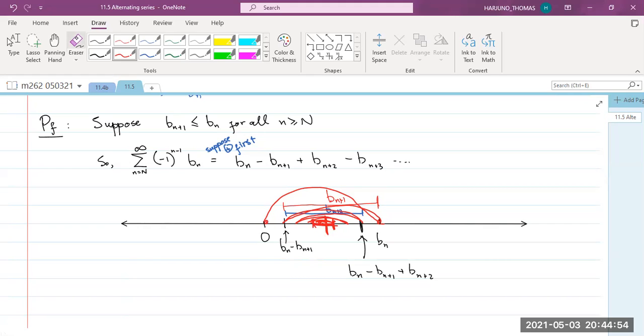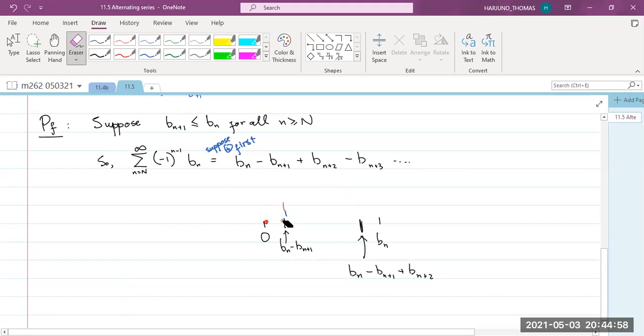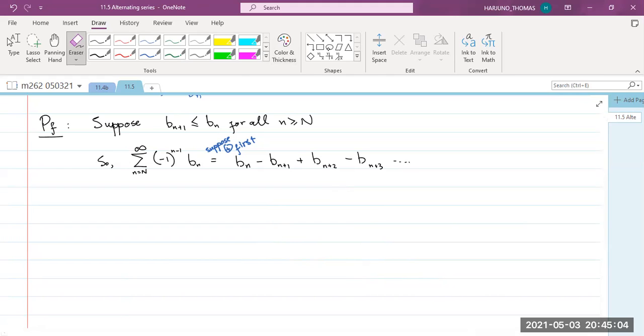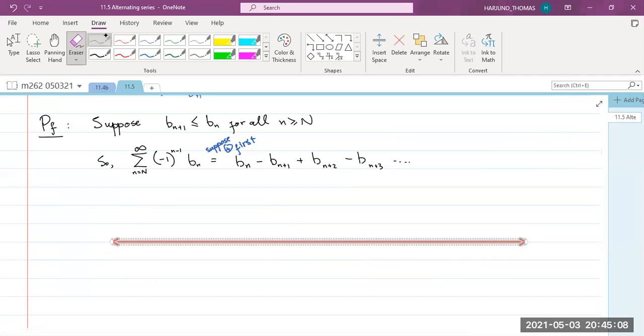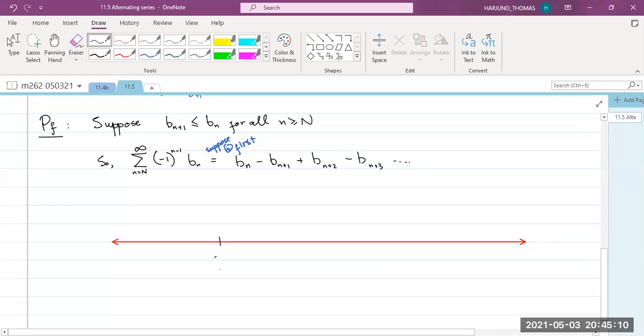Okay, let's use an example. I try to give you the feeling of the proof. If you want to see the formal proof, take a look in the book. Now this is the intuitive proof. Suppose we deal with 1 over n. So 0, 1 over 1 is 1. Subtract 1 over 2 becomes 1/2, right?